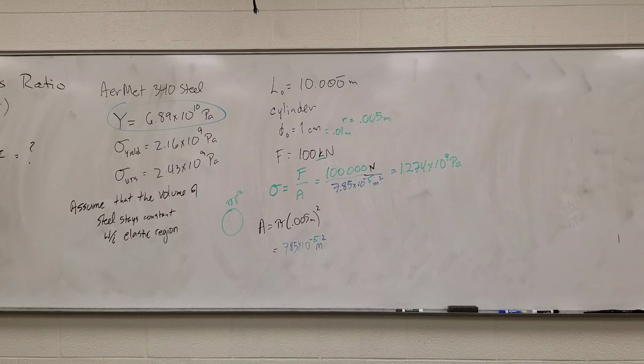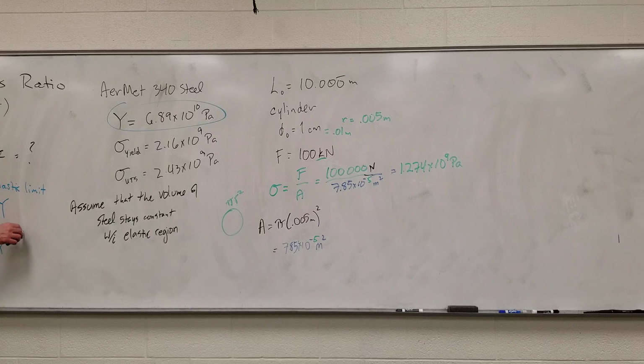I know that stress divided by strain should be equal to the Young's modulus, if within an elastic limit. And so my strain should just be my stress divided by Young's modulus.